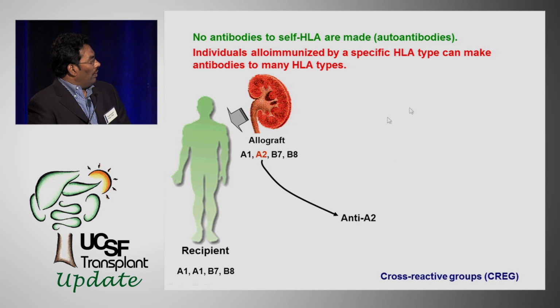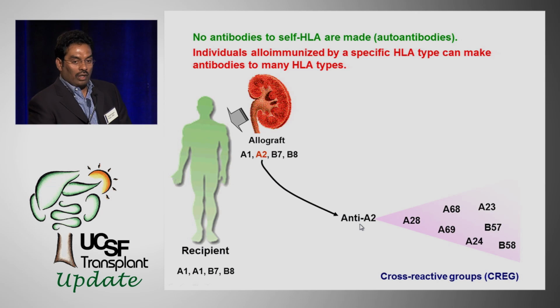For example, if a person is getting a kidney, this is the allograft HLA type and the recipient HLA type. The mismatched antigen is only one antigen, HLA-A2, so we would think he will develop only A2 antibodies, but actually he develops more antibodies because of the shared epitopes. It's not like one HLA molecule and one HLA antibody.